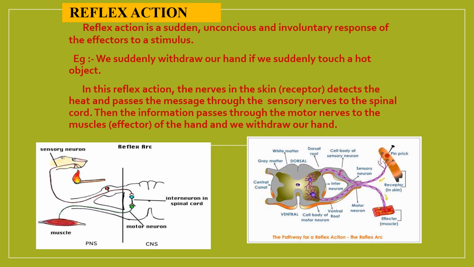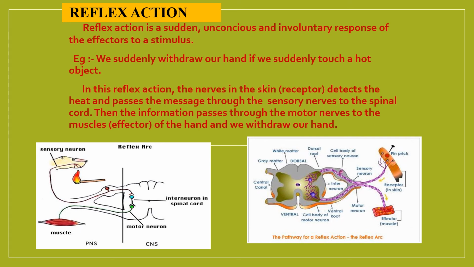we withdraw our hand. In brief, there is not enough time for the message to travel to the brain, and in the place of the brain, the spinal cord gives the command for the activity to take place, and it is called reflex action. So when the hand comes on top of a hot object, you touch something hot, the sensory neurons pass the message to the spinal cord.